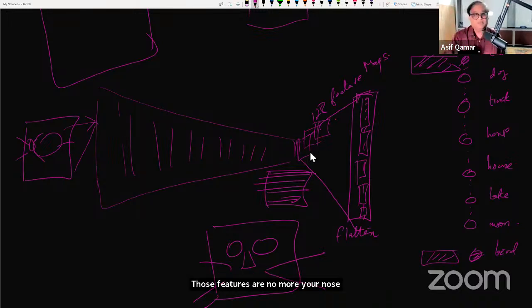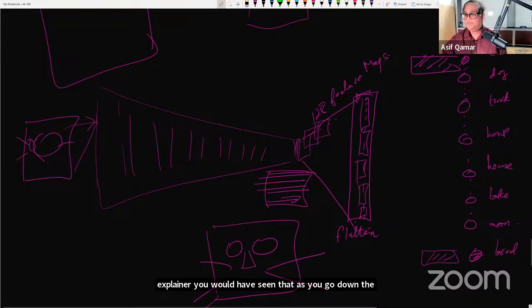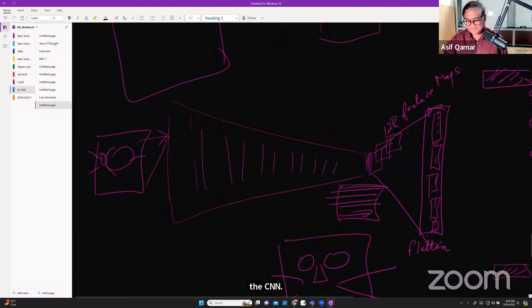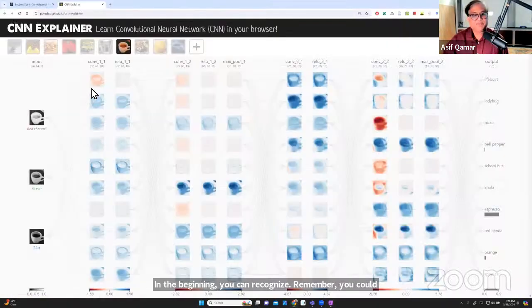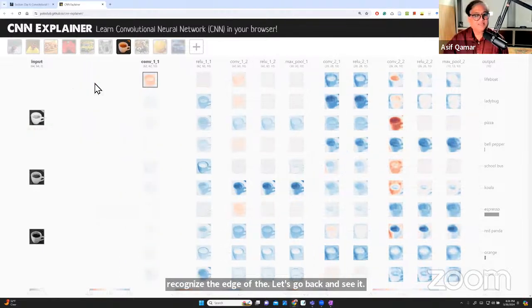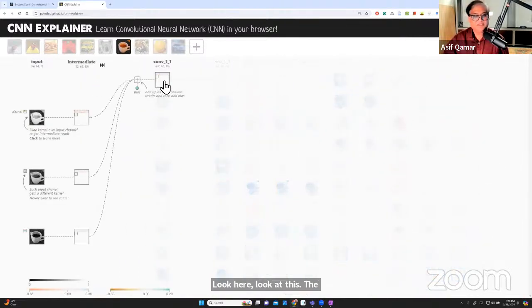And that is why I asked you guys to please play with that CNN Explainer. You would have seen that as you go down the CNNs, in the beginning you can recognize the edges. Let's go back and see it. Look here. The first convolution is doing this, right?